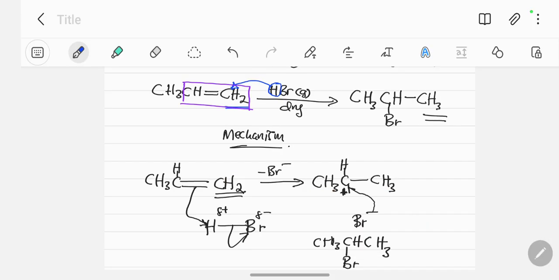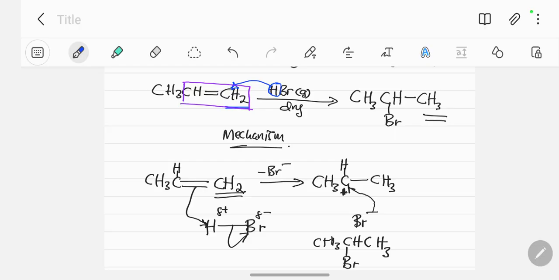I'm following what we call Markovnikov's rule. And in Markovnikov's rule, we stated that the carbon atom that is sharing the functional group with another, but that carbon atom with the highest number of hydrogen atoms is the carbon atom that will take the hydrogen from the hydrogen bromide, like that.